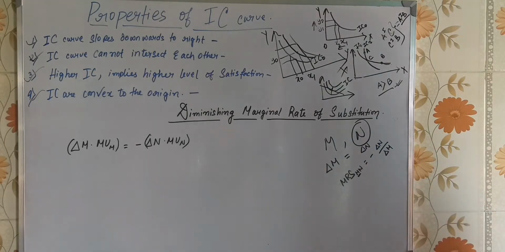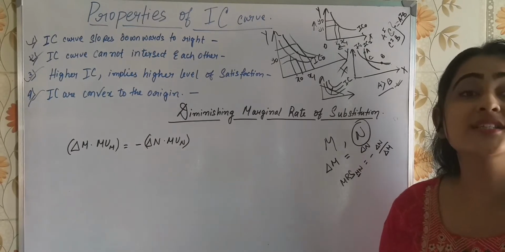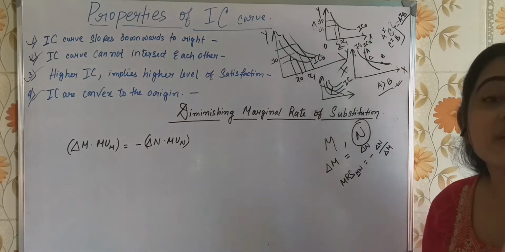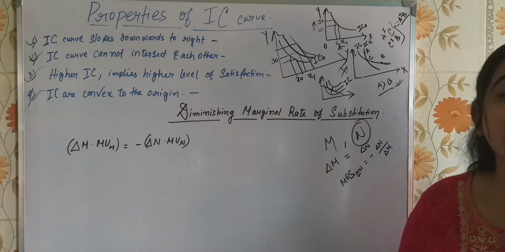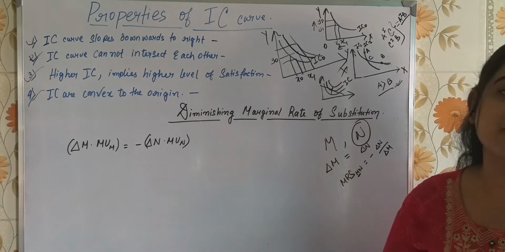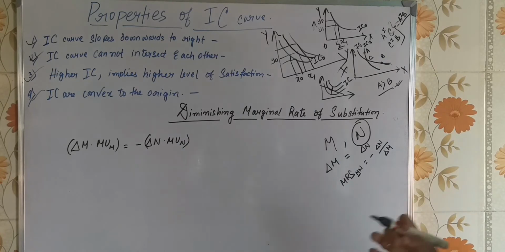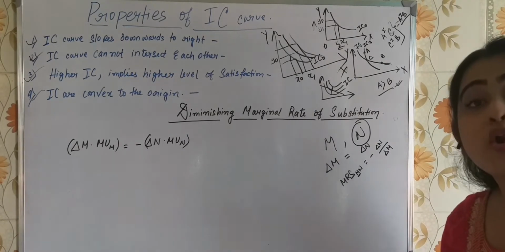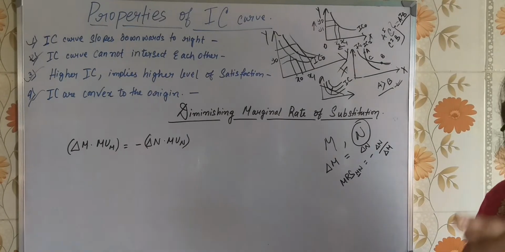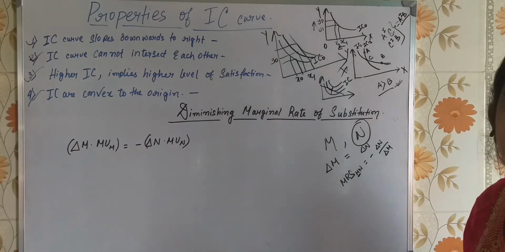Why is it a negative sign? Because you are substituting, you are reducing the consumption of N for increasing the consumption of M. Remember, MRS of MN means to consume more of M, how much you are willing to sacrifice N. Got it?